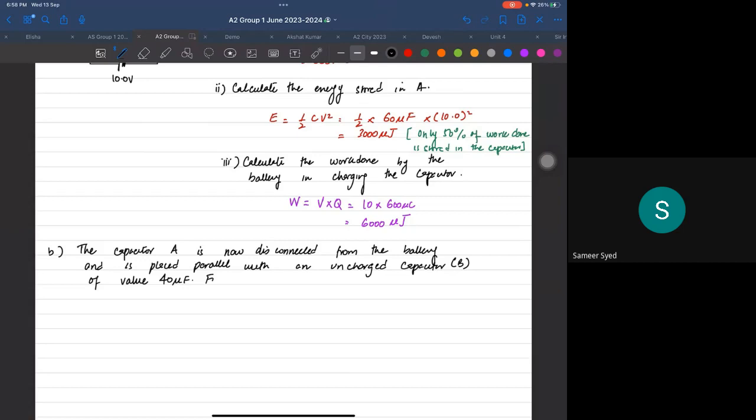Now it says find the charge in A and in B.